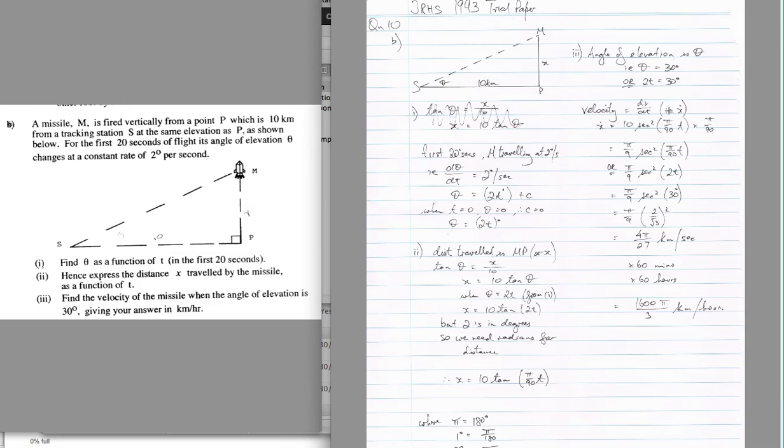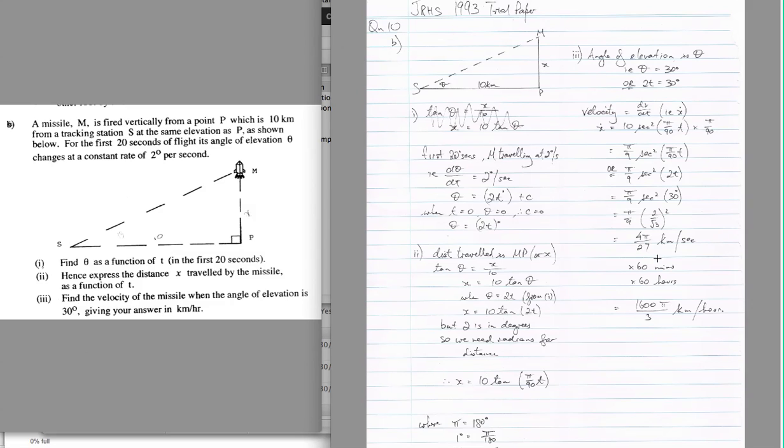And then part 3, although I start in radians, to measure velocity I have to evaluate sec squared with respect to the degrees because I'm given degrees here. And don't forget you leave your answer in terms of pi, and give your answer in terms of kilometers per hour. Just be alert to these couple of things as you go through. So another tricky question from, of course, James Ruse High.